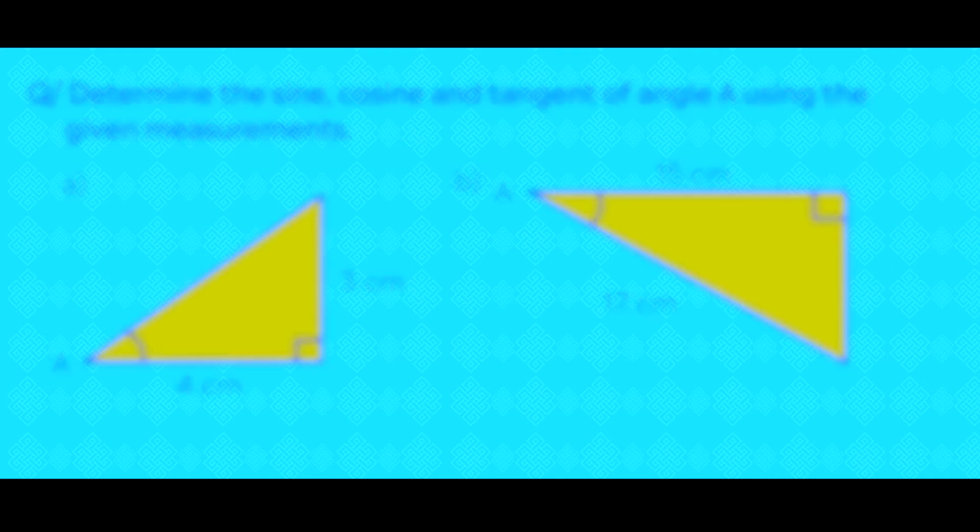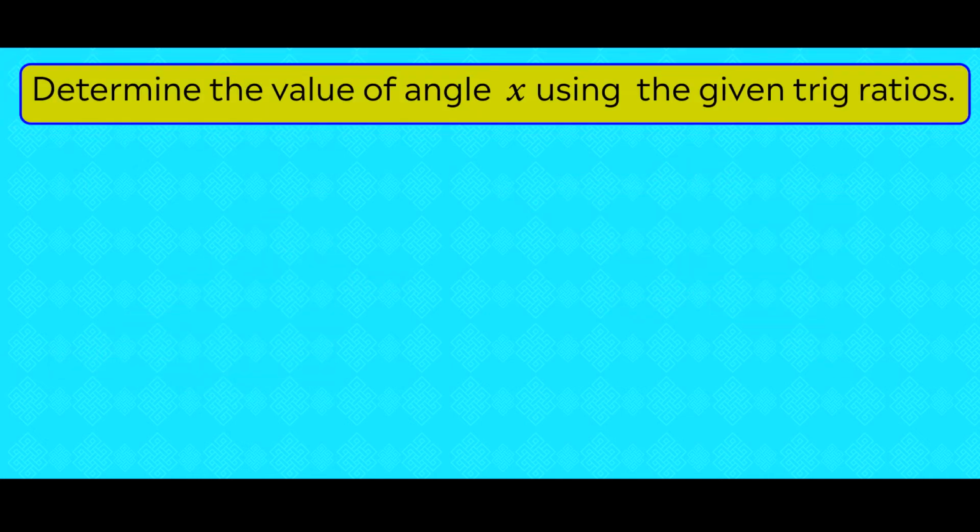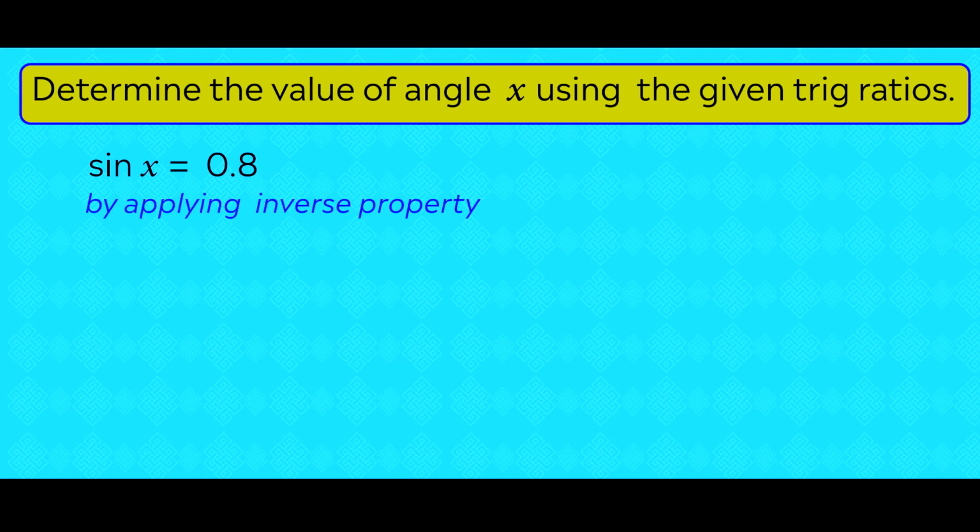Next, we can also determine the value of angle x using any of the trigonometric ratios. For example, let us take sine of x equals 0.8. In order to find the value of this angle x, we need to eliminate sine. And in order to do that, we apply the inverse property.